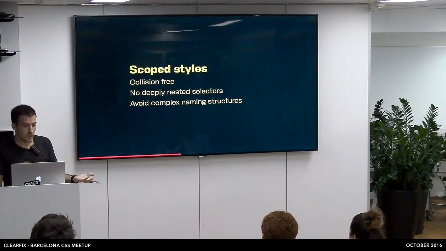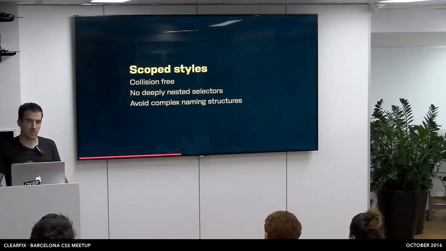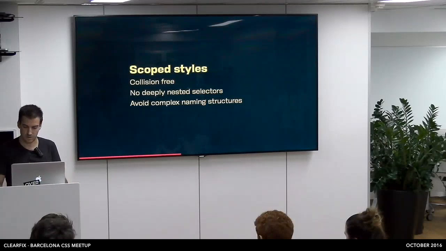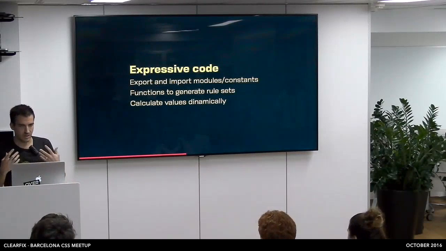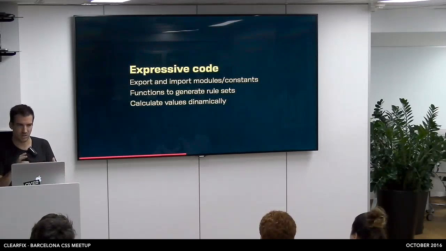And you can avoid using complex naming structures. You don't need BEM, as Giorgio said, or anything more than a few words. You get much more expressive code. That means that you actually have to define what it does. There's no magic or hidden things inside there.